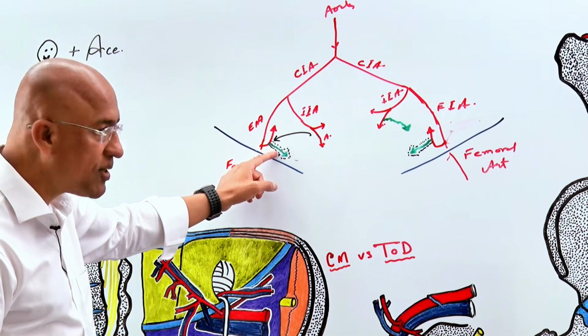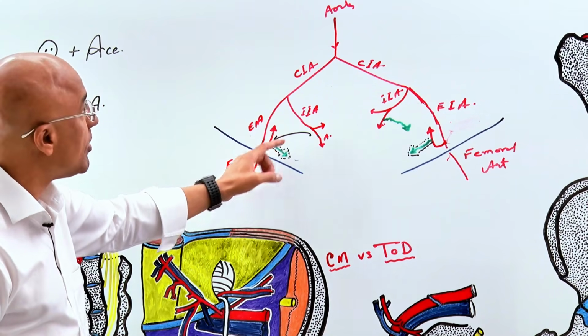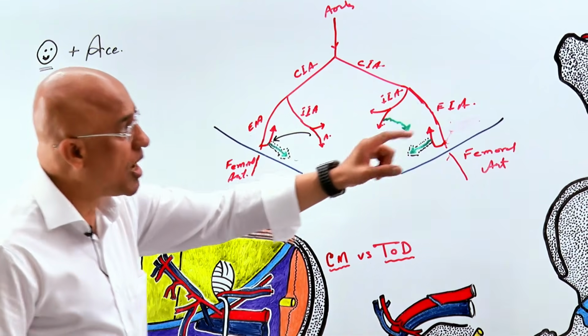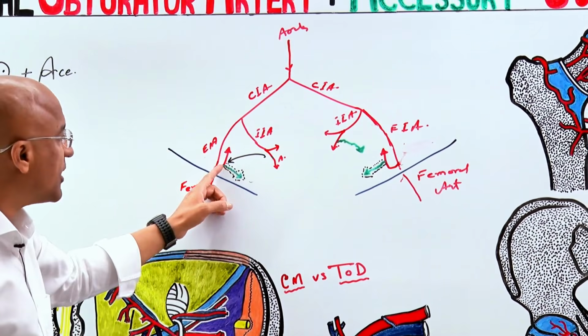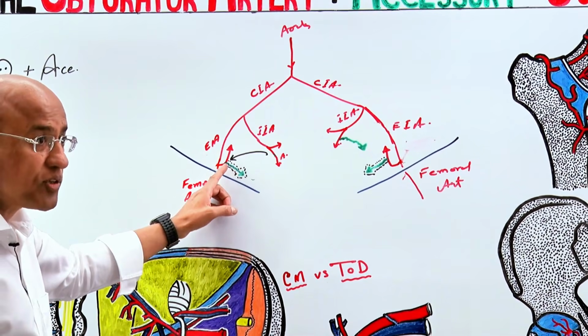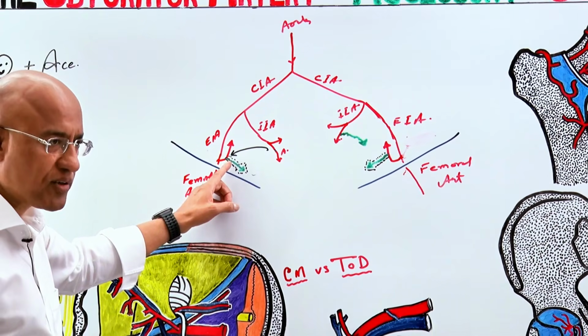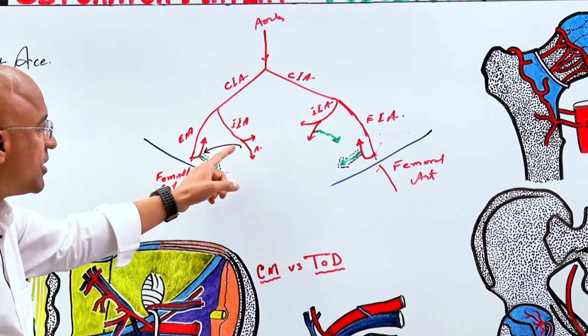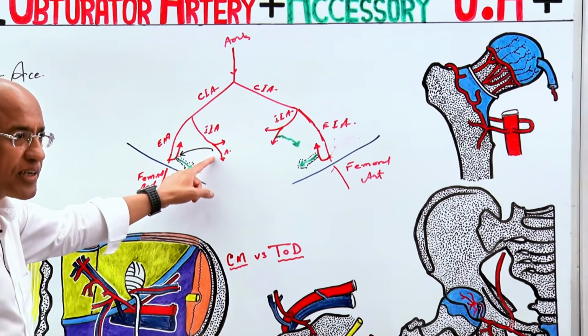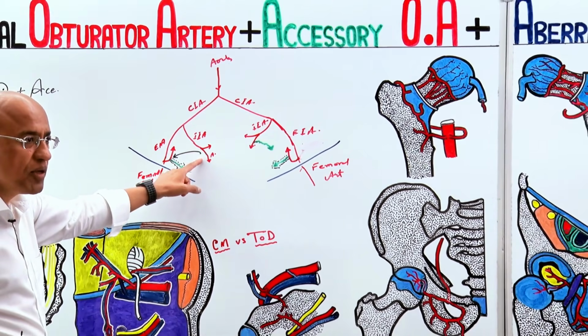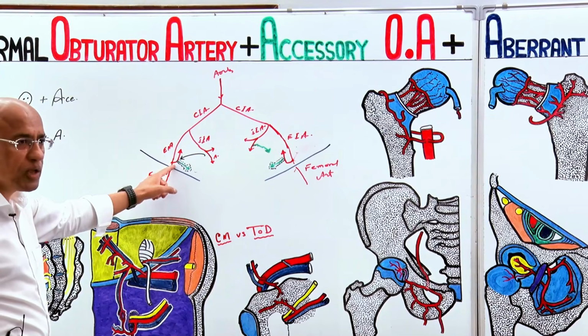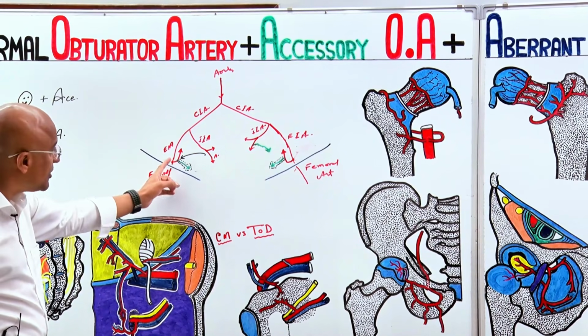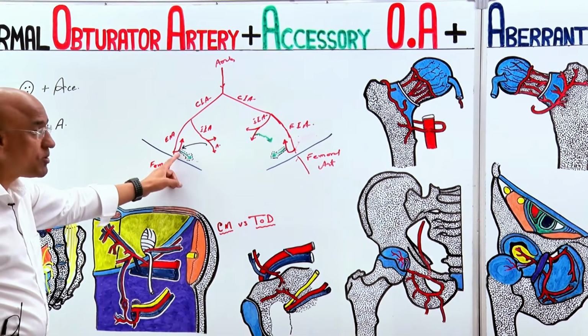This accessory artery or aberrant obturator artery is this additional, this is not additional, you can say replaced artery. The normal artery has defected from the internal iliac system, its origin has defected to the external iliac system. This artery is dangerous.